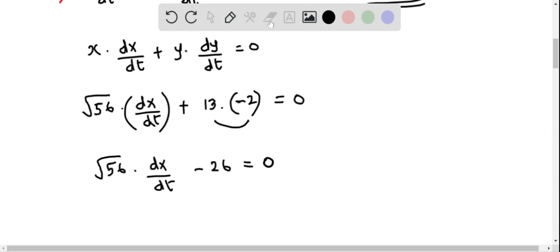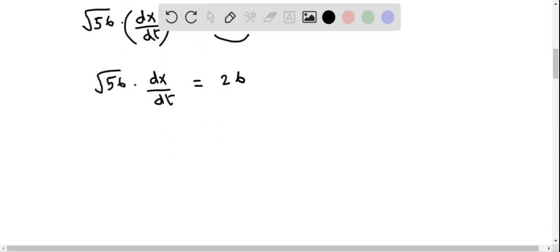So we can add 26 to both sides. If we rewrite this equation, it becomes equals positive 26. Now we solve for dx/dt by dividing both sides by the square root of 56. So we get dx/dt equals 26 over the square root of 56.